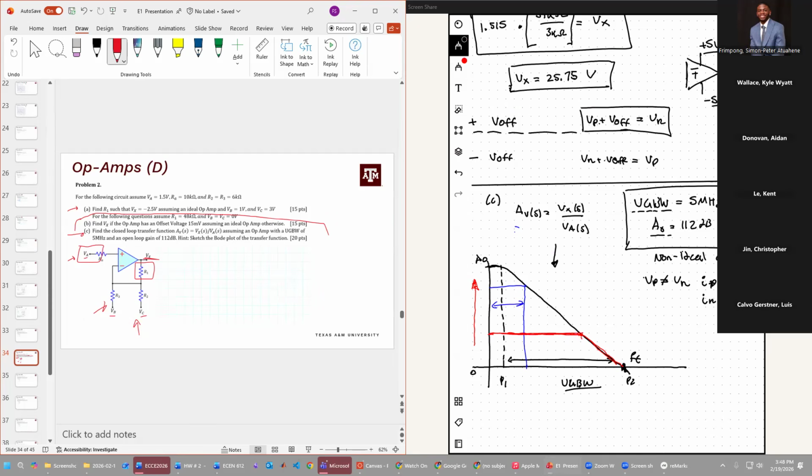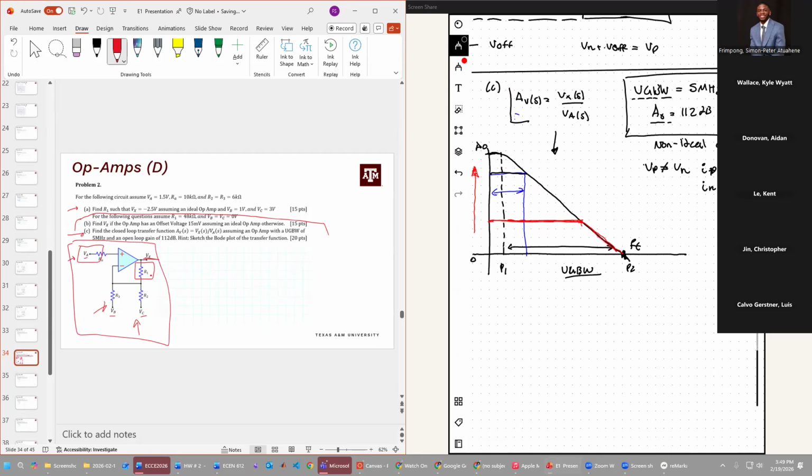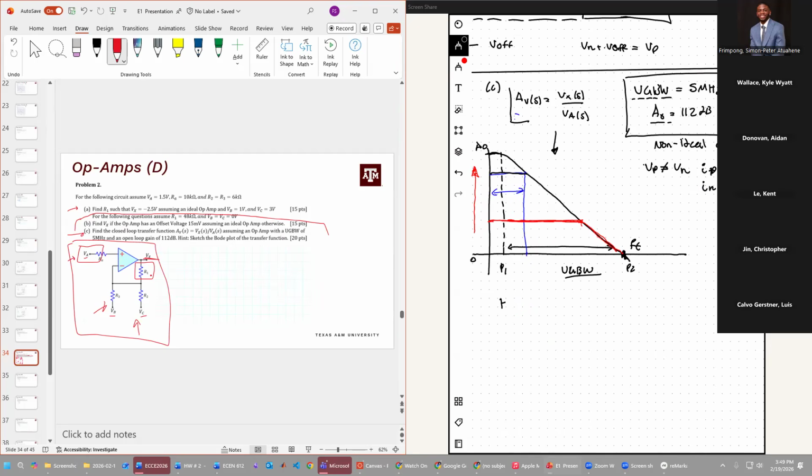Okay. So the problem is asking us to find the closed loop gain. The closed loop gain is the gain when the op amp is in a particular circuit configuration. So in this case, we have this circuit configuration. There's a couple of ways we can do this. I think there's a shortcut. It's been a while since I've done this, so please forgive me.